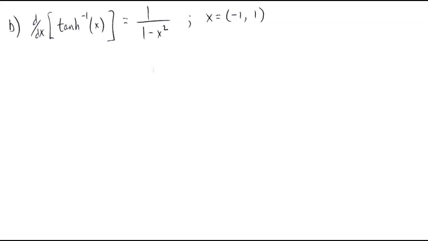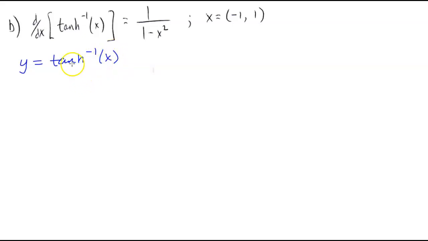The first thing that we want to do is let the inverse of tangent hyperbolic be equal to some other variable. So, for simplicity's sake, let y equal tangent hyperbolic inverse of x.